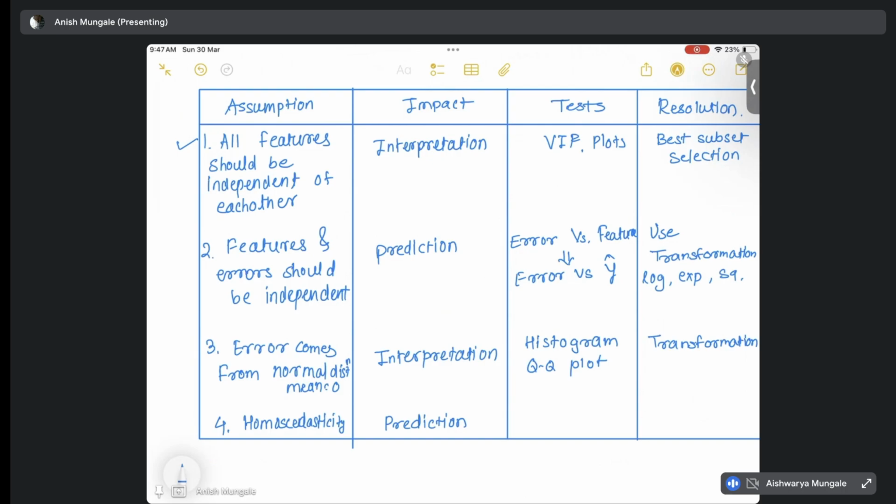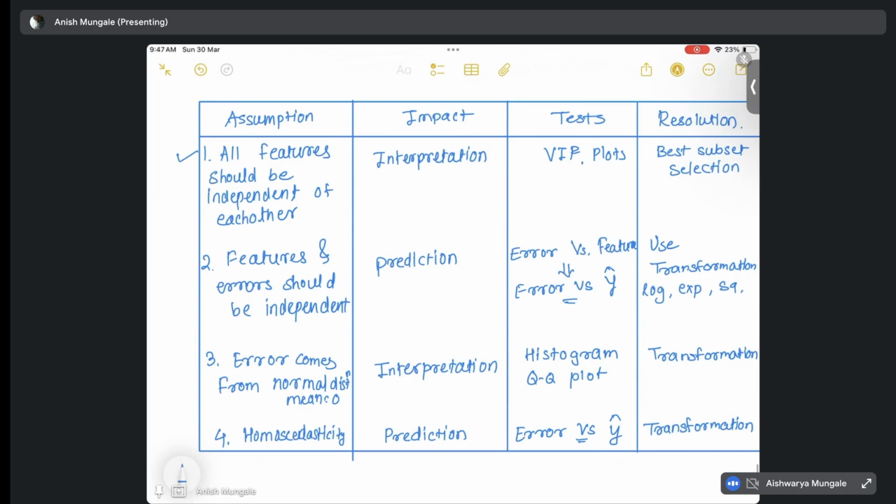And what were the tests that we did? So we plotted error versus y cap. With this one plot, you will be able to determine both. And then the resolution here also is a transformation. Is there any doubt in this?